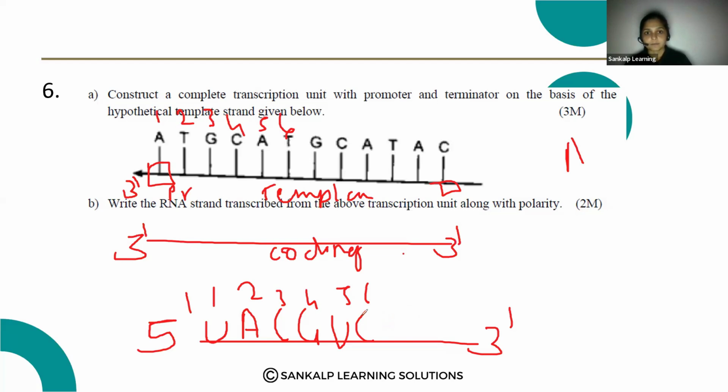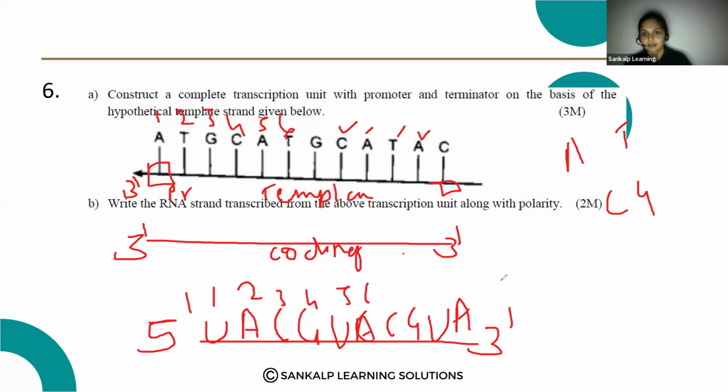Adenine, uracil, and thymine. That is thymine, adenine. Then G, C. Then C, that is G. Then adenine, uracil, thymine, which binds with adenine.